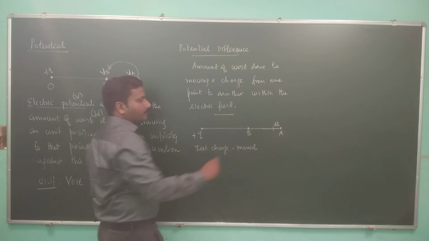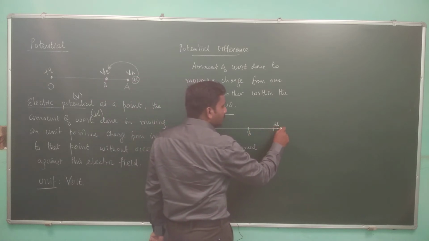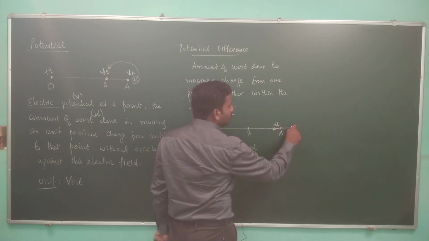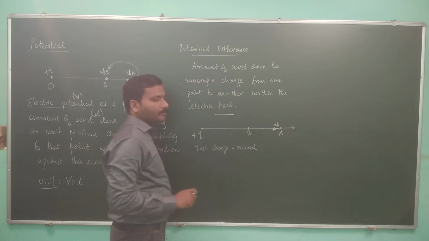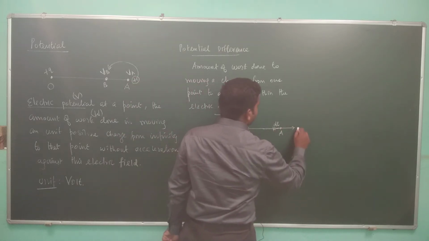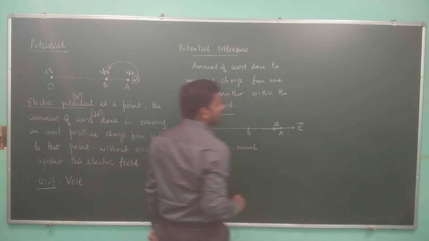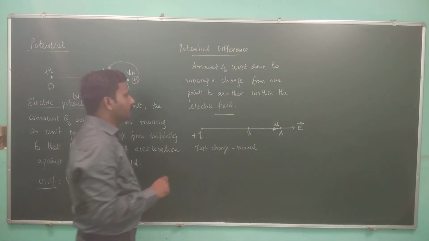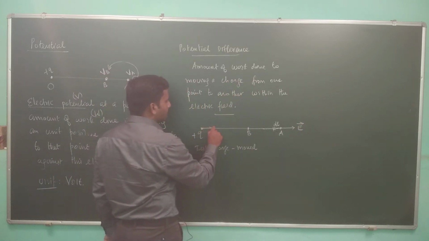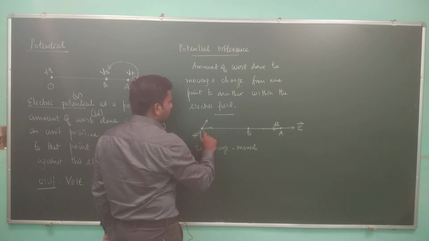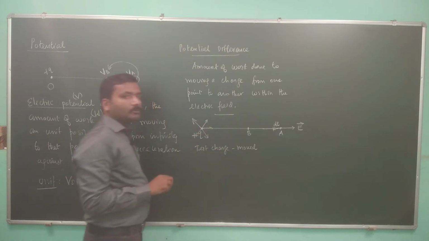If the charge is here, it can be moved in this direction or in this direction. If you move right hand side, it is the direction along the electric field. If this is a positive charge, then the electric field will be directed outward on all sides.